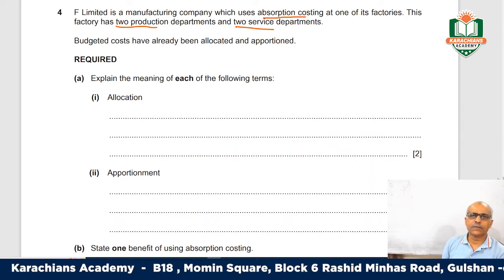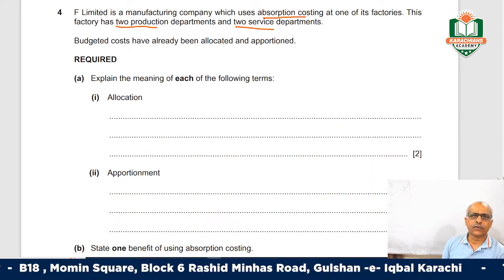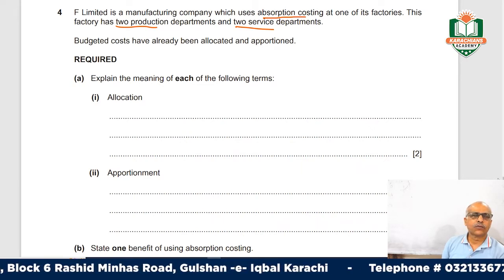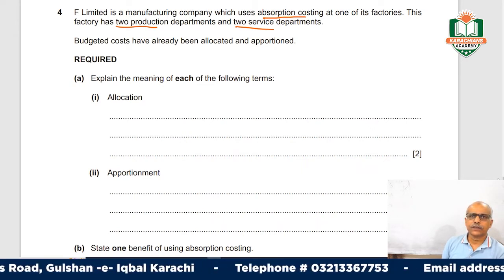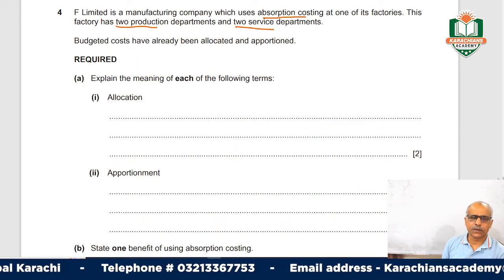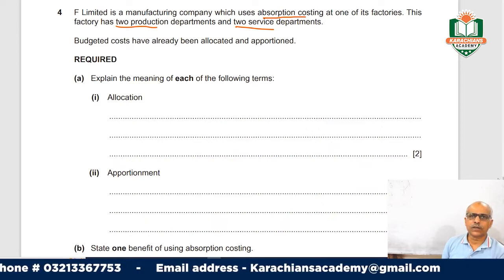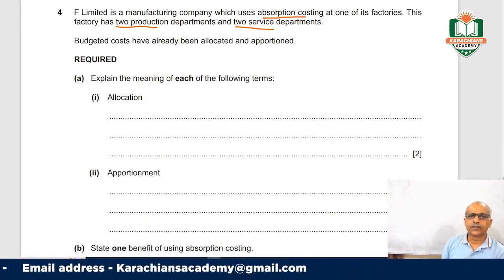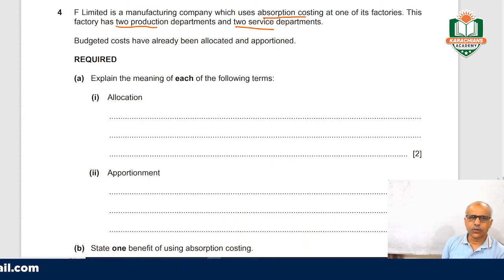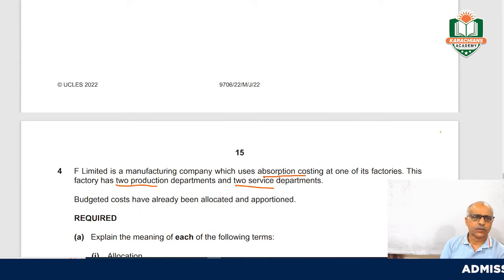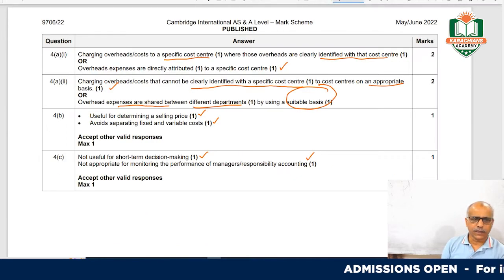Also this helps us in calculating our selling prices or in offering quotations. But the limitation is that for short-term decision making this is not feasible for us. So let's see what the marking scheme says. I'll take you to the marking scheme.